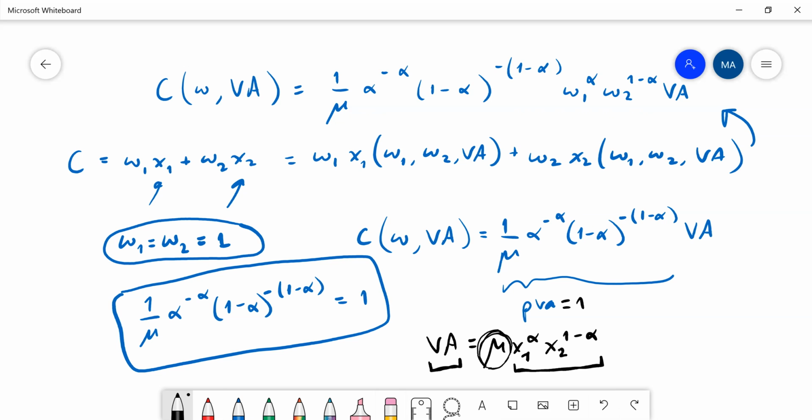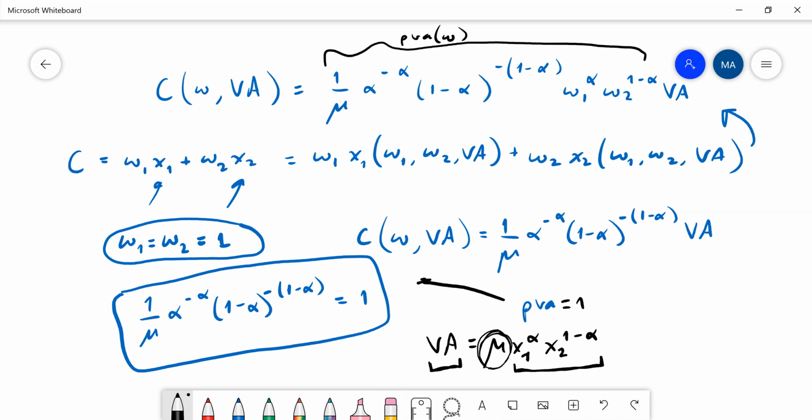To be more specific, of course, this was the price of value added, and this was depending on that. But then at the end, we wanted it to be 1, and then we have this result. So what does this tell me? Well, remember that alpha is 2/3, from the other equation.